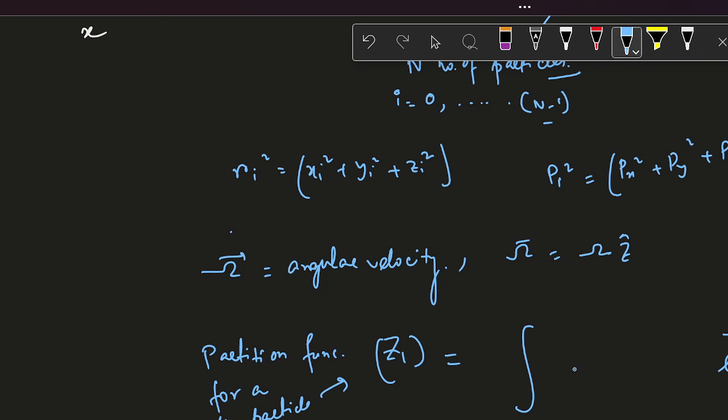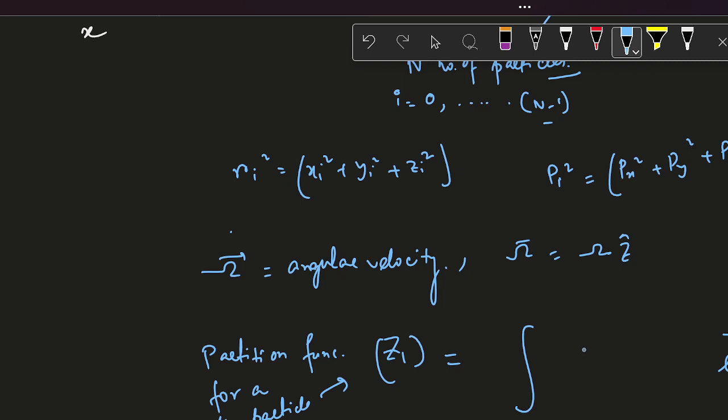E total. And initially you have to sum over all the possible energy values, and because the system can have a continuous energy value throughout the phase space, instead of a typical discrete summation, you have to take an integral over the phase space.